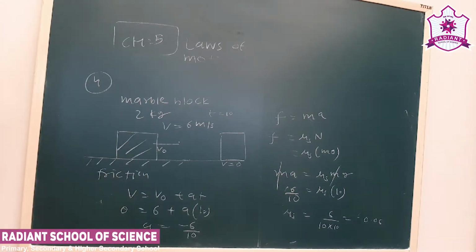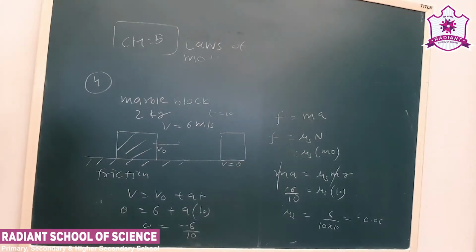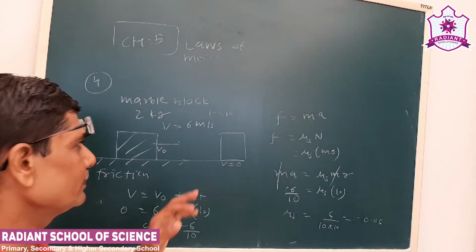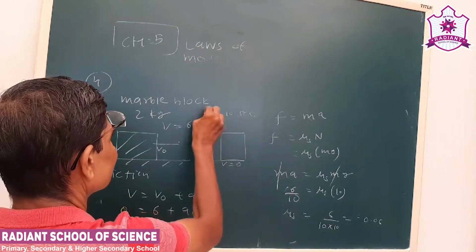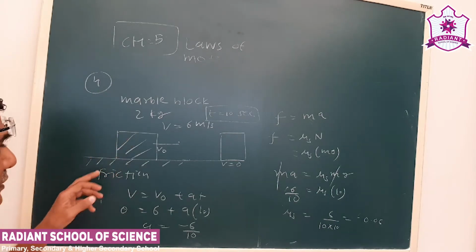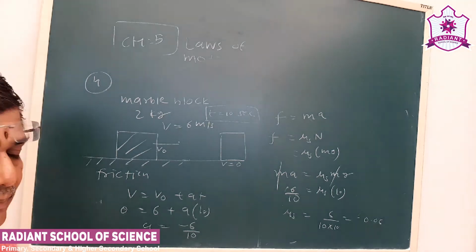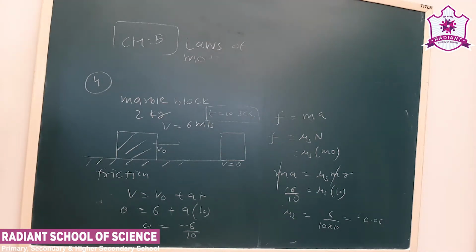The block of mass 2 kg is moving with an initial velocity of 6 meter per second, and due to friction it stops in 10 seconds. We have to calculate the coefficient of friction between the block and the surface. So we first calculated the retardation using V is equal to V0 plus at.